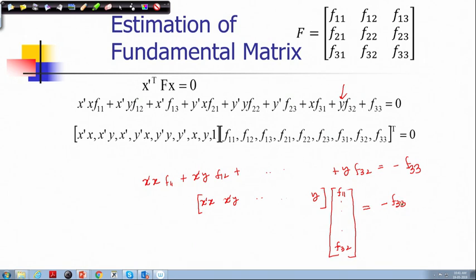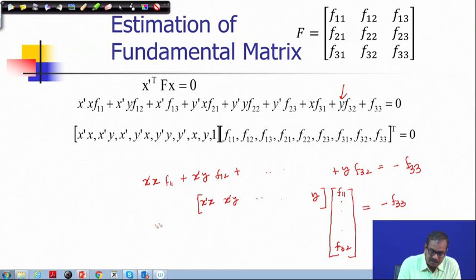This is a transformation of the earlier equation. Now this equation becomes a non-homogeneous equation, because this part is not 0, and in the same way for all the n corresponding pairs, you can get n such equations.